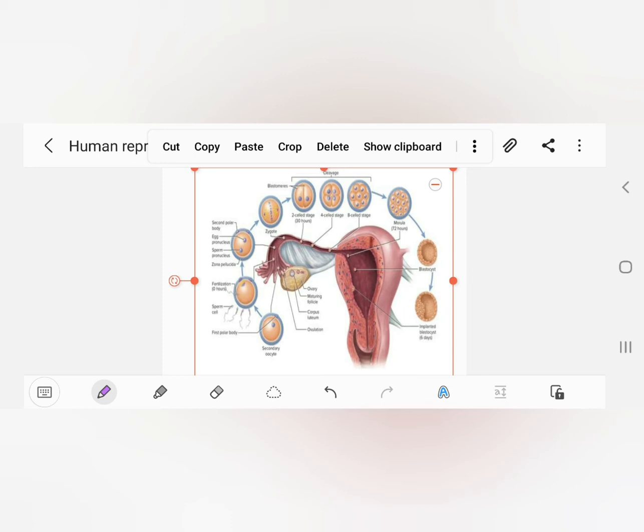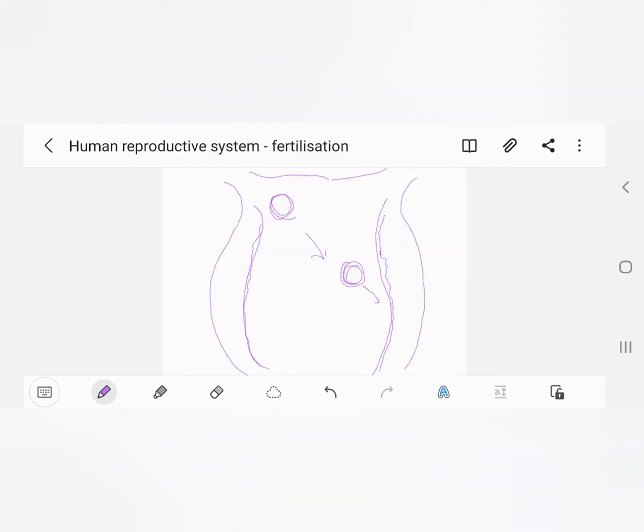The embryo which has entered the uterus will be extracted by the walls of the uterus. The walls of the uterus are lined by special layers called endometrial layers. These endometrial layers are very effective as they are always reformed in the process of the menstrual cycle.